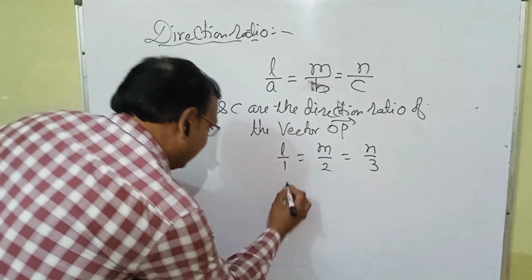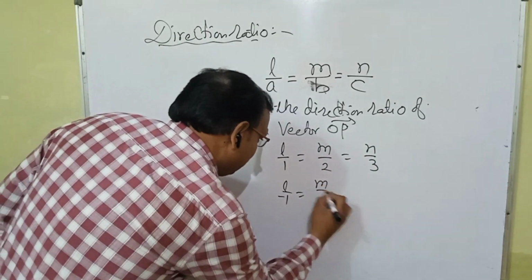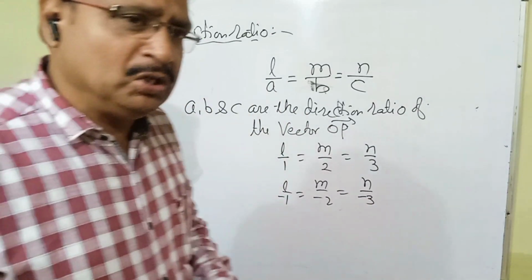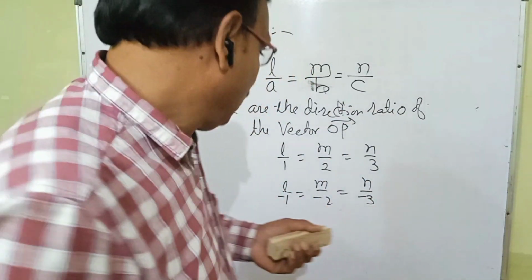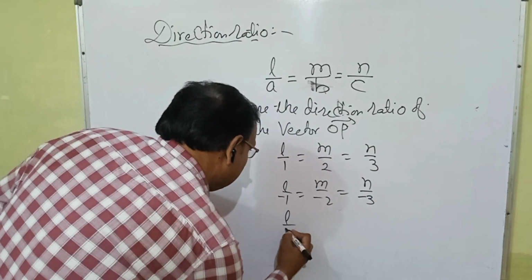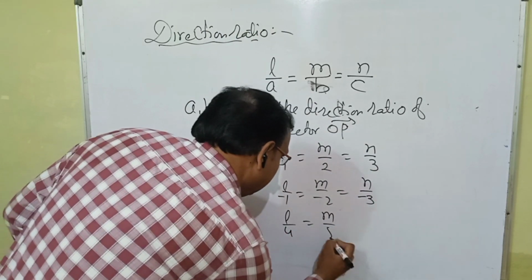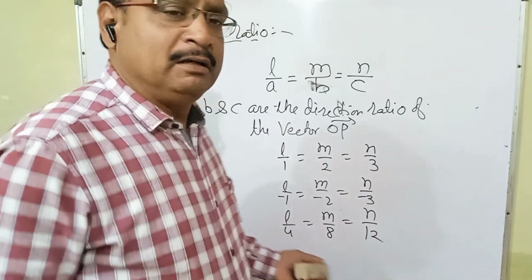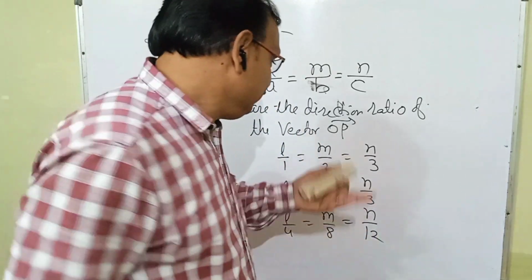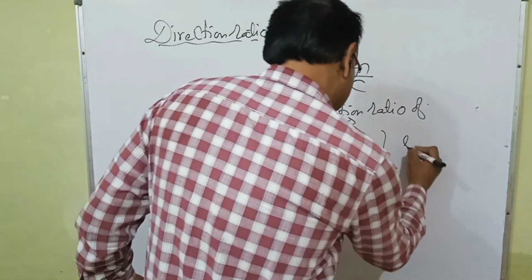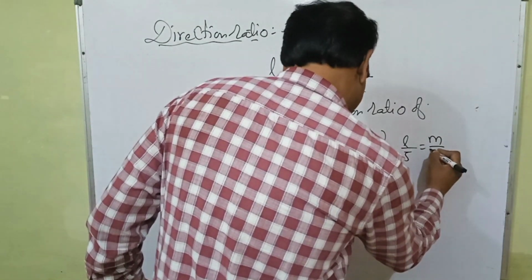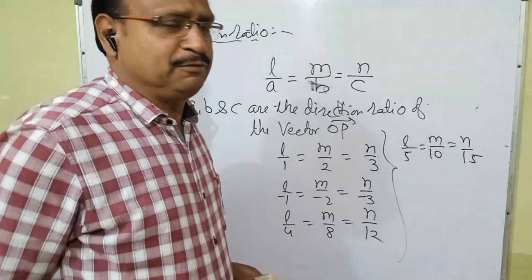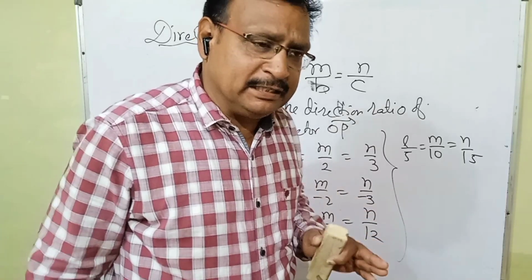But L upon minus 1, M upon minus 2, N upon minus 3 also satisfies this relation. Or L upon 4, M upon 8, N upon 12 also satisfies it. Or L upon 5, M upon 10 and N upon 15 also satisfy this proportionality relation.